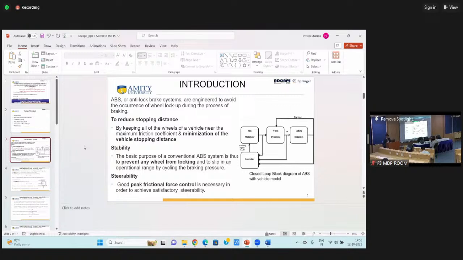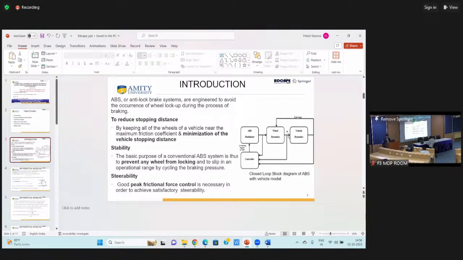Why do we use anti-lock braking systems in today's vehicles? First, to reduce the stopping distance, minimizing the vehicle stopping distance. Second, maintaining stability by preventing locking. And third, we have to maintain the peak frictional force for getting that stability.